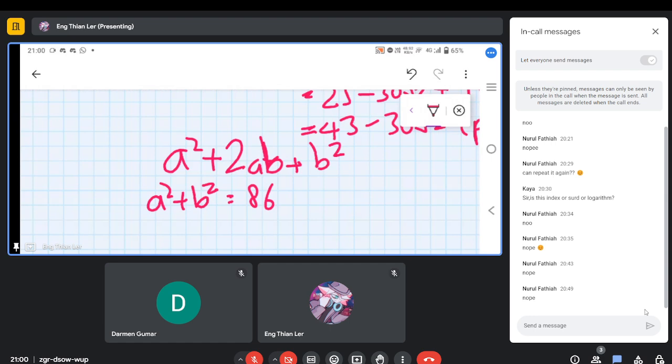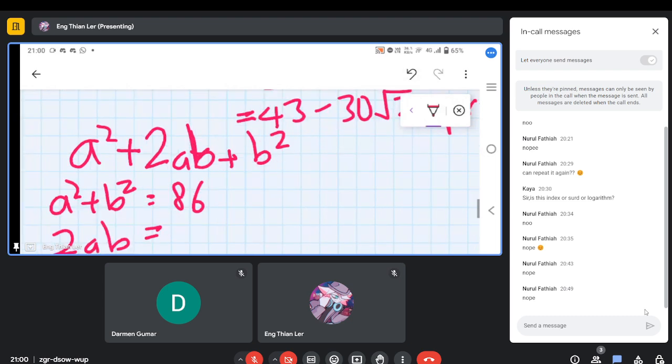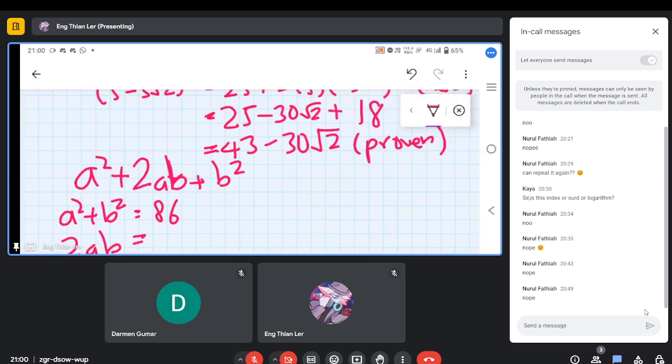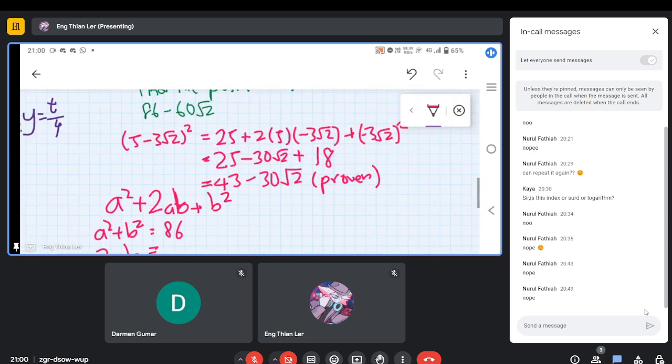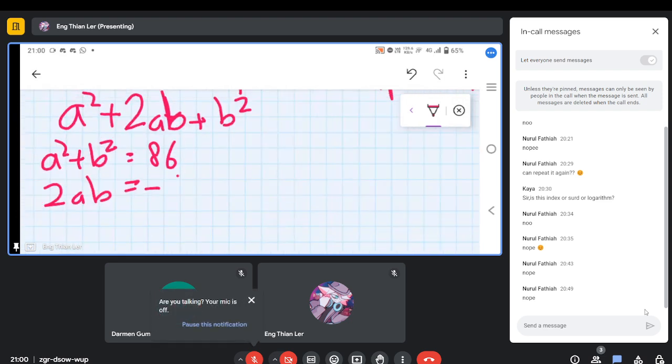And for 2ab, actually we just need to measure the 2ab only. 2ab is negative 60 root 2.